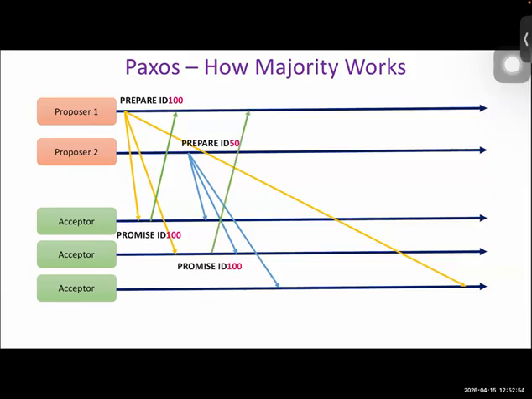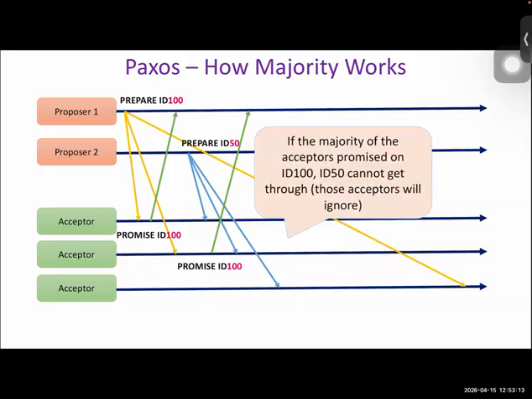Suppose the second acceptor looks at the prepare IDs. The prepare ID of proposer 1 is higher than the prepare ID of proposer 2, so they promise to prepare ID 100.